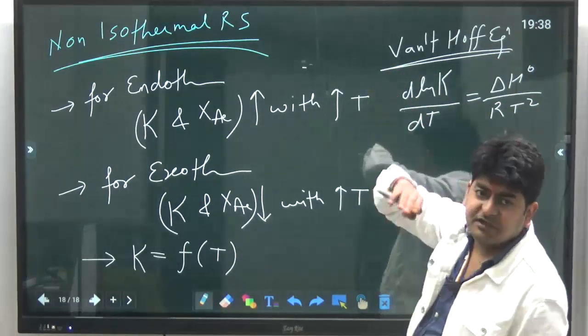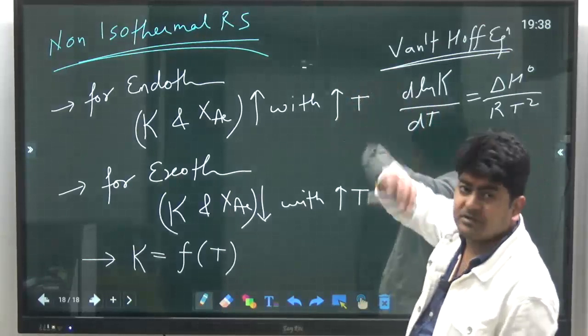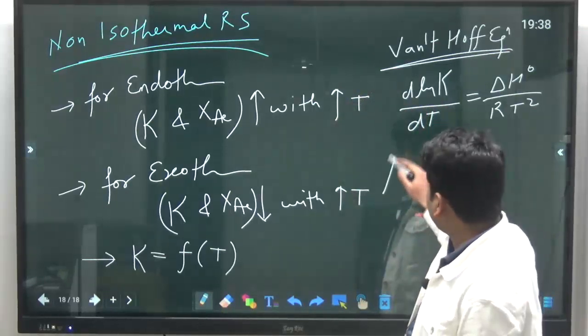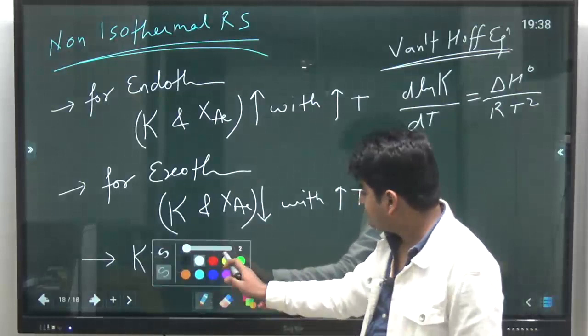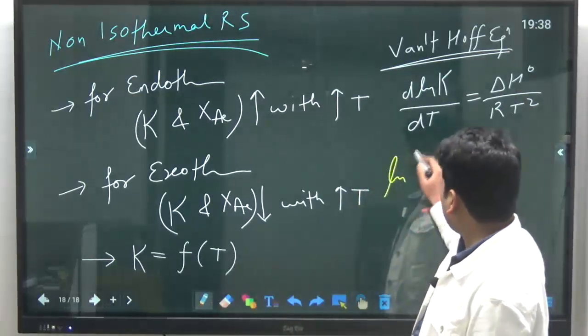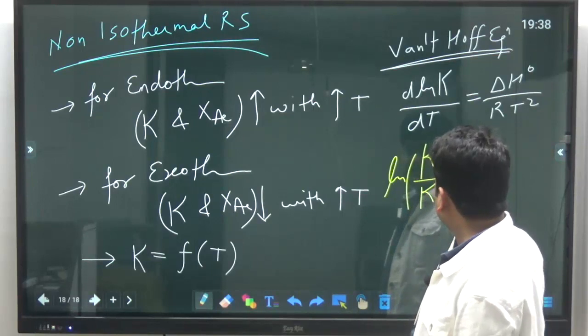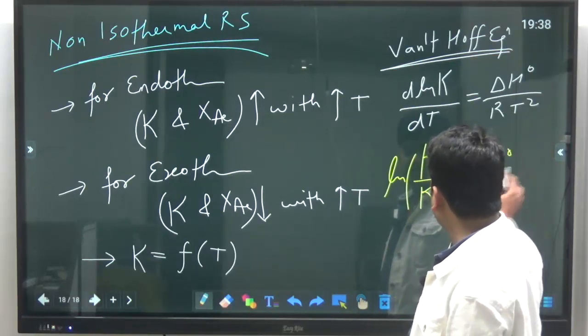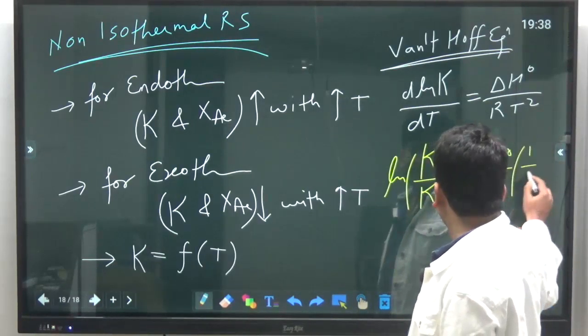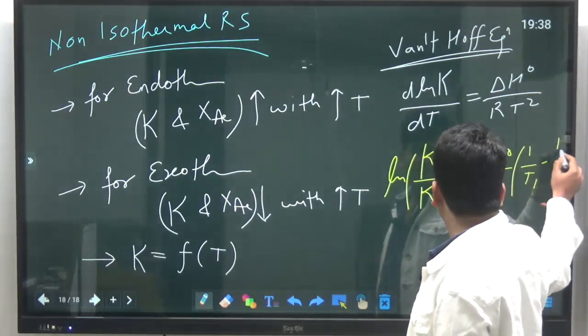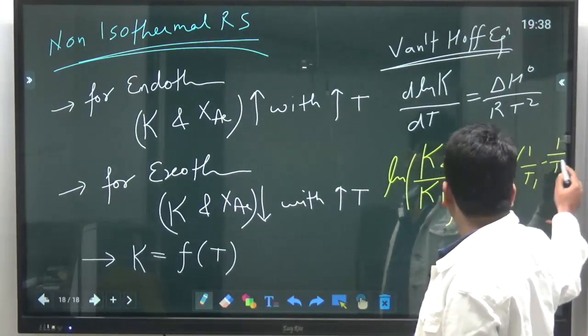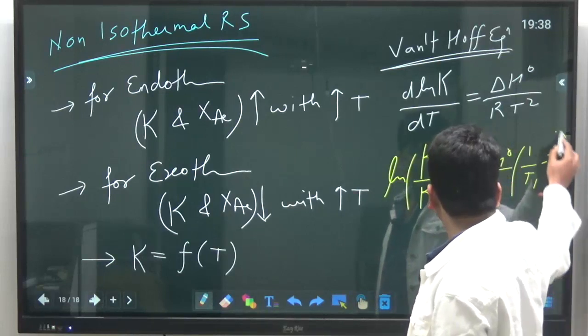So if you integrate this from temperature T1 to T2, equilibrium constant will become K1 to K2. Equation will be like ln K2 over K1 is equal to delta H naught over R times (1 over T1 minus 1 over T2).